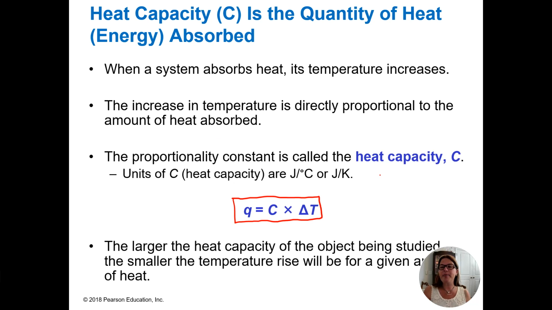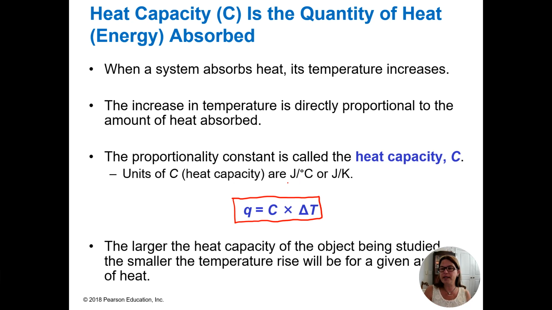So heat capacity, capital C, first of all, it's a constant, but it's specific to different systems. It is a constant, but it's not like the speed of light constant or Planck's constant, where it's the same across the board. It will change per system that we're talking about or per reaction that we're talking about.